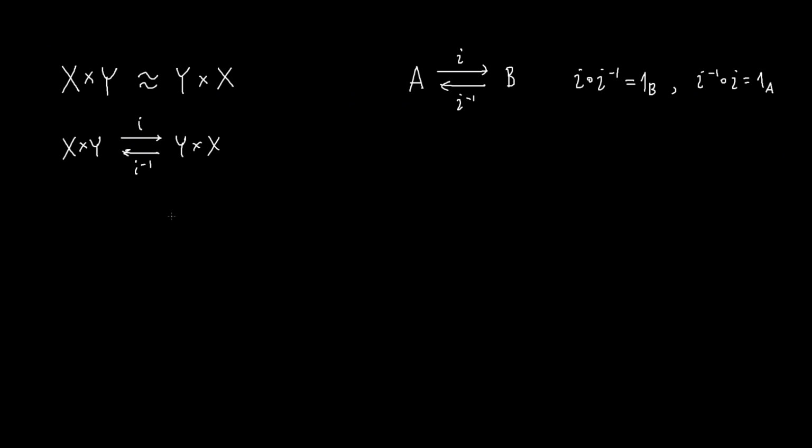But we are not going to do it directly in an abstract category. We are first going to do it inside the category of sets, where the construction of this I and I minus 1 is pretty obvious. And then we're going to see how we can repeat that argument in the language of generalized elements, and hence in an abstract category.